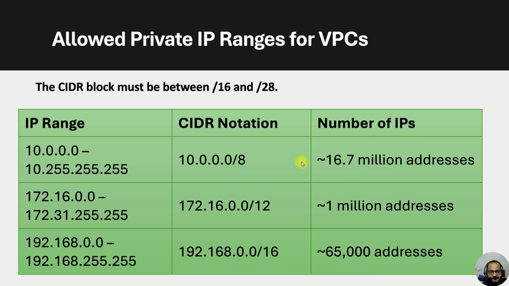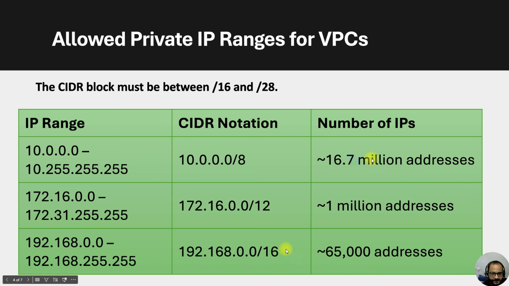For example, if you are using this range of IP addresses and you are using /8 notation, then you will get 16.7 million addresses. But AWS allows us to use only a CIDR notation between /16 and /28. So we cannot create a CIDR block like /15, /14, /13. We have to create the CIDR notation between /16 and /28.